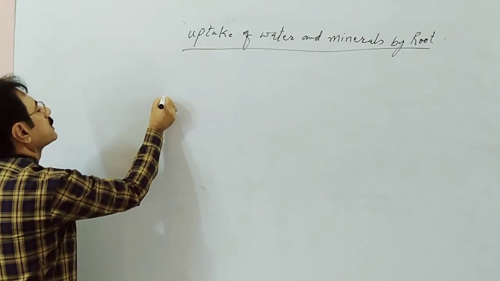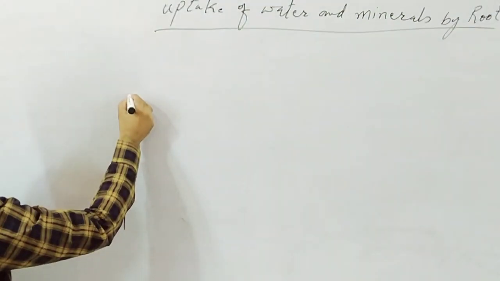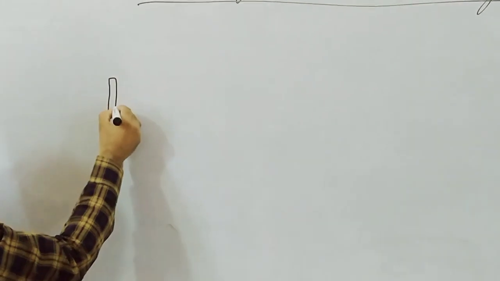Suppose this is the central part of the root, and in the center of the root there is xylem. Xylem means wood.